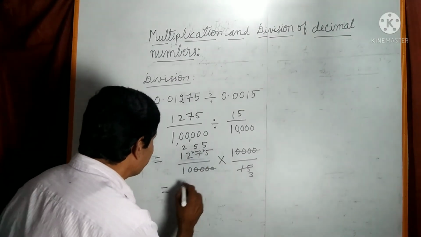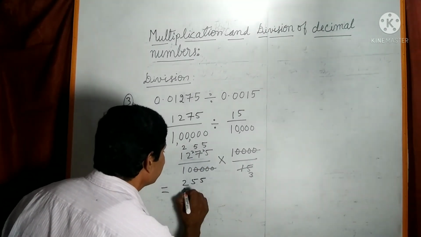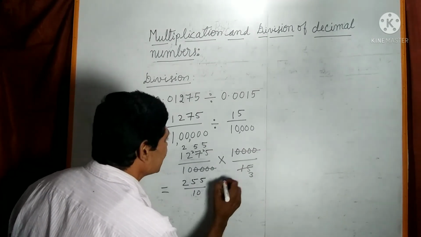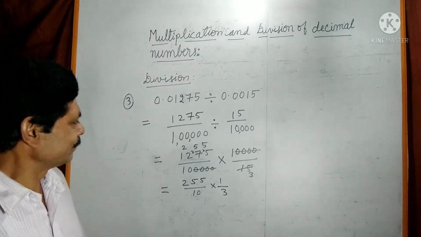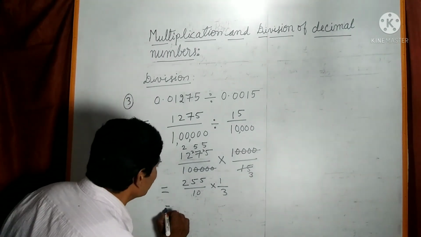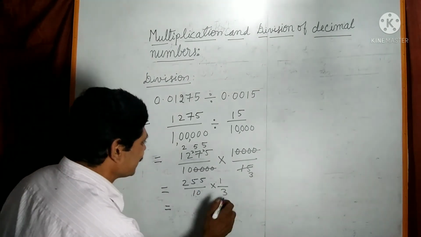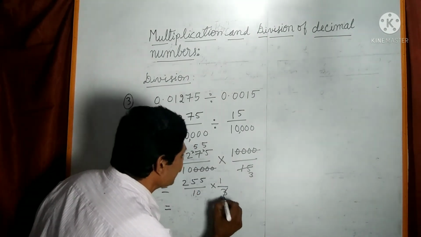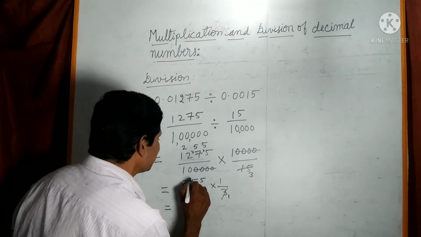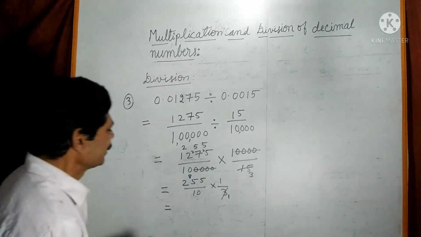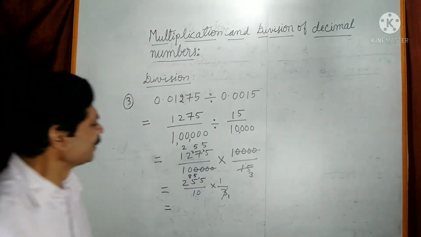Okay. Now we will write again here 255 by 10 into 1 by 3. This is equal to, again we will cut by 3. 3 1s are 3, 3 8s are 24, 3 5s are 15.